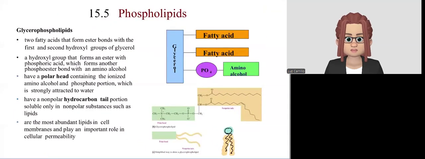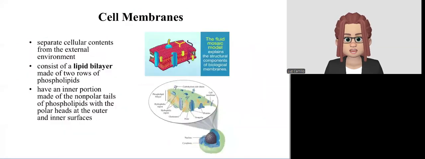Since these biomolecules are present in the cell membrane, let's actually see what the cell membrane looks like. Cell membranes in animal cells have an important component made of those phospholipids that I just illustrated in the previous slide.